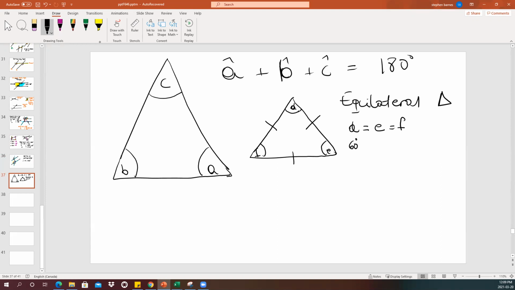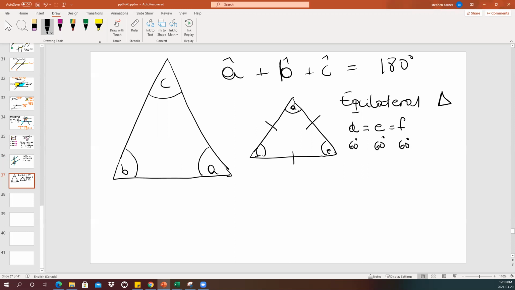So D would be 60, E would be 60, and F would also be 60, right? 60 times 3 is 180. It would sum to 180 degrees, right? So that's the first principle: all angles in a triangle sum to 180. But if you have an equilateral triangle, which means that all sides and all angles are equal, then each angle is going to be equal to 60 degrees. Follow so far? Yes, ma'am.